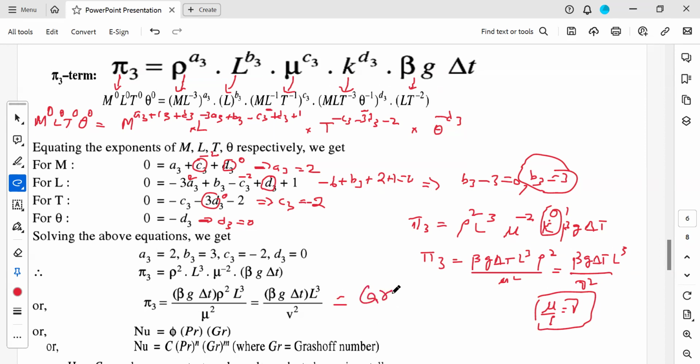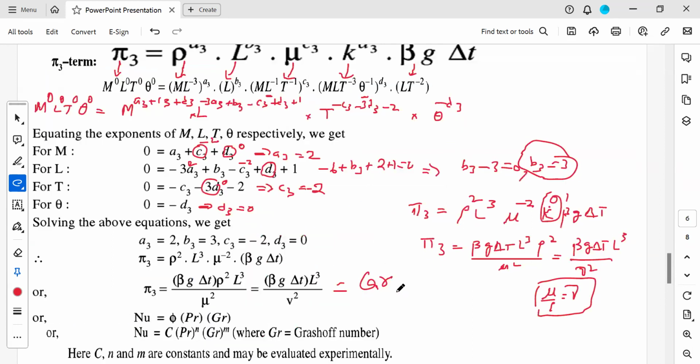So therefore equation 1 is transformed: pi 1 is a function of pi 2 comma pi 3, or pi 3 comma pi 2 also we can write. So pi 1 we proved as the Nusselt number is a function of pi 3, the Grashof number, and the other term is the Prandtl number.